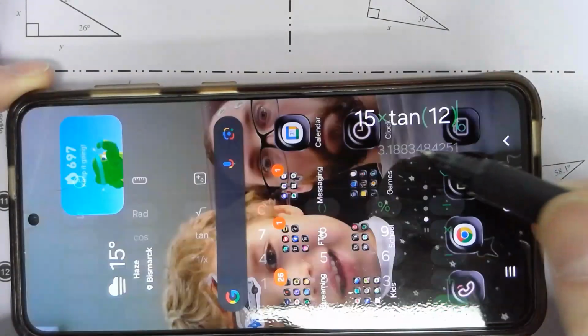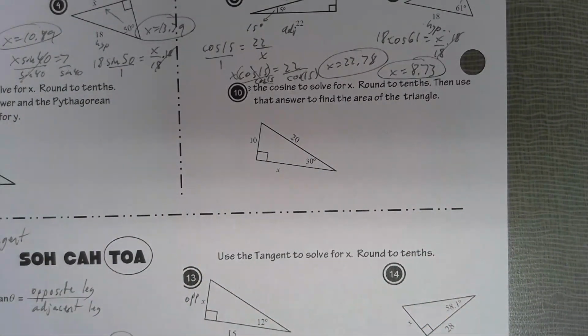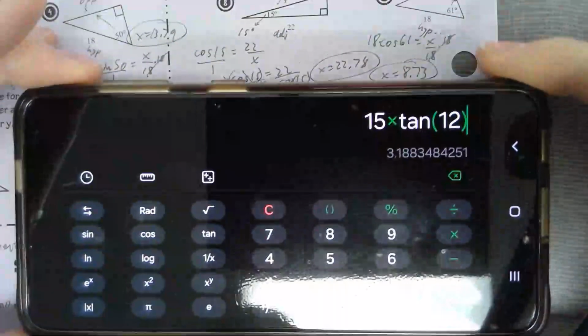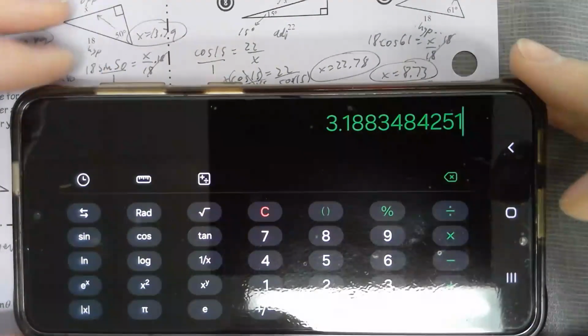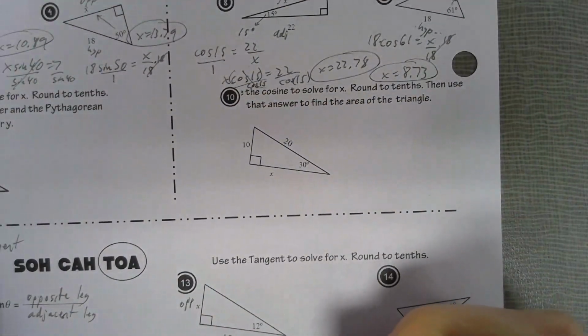And we have, oops, that's not what I wanted. There we go. 3.19. So 3.19.